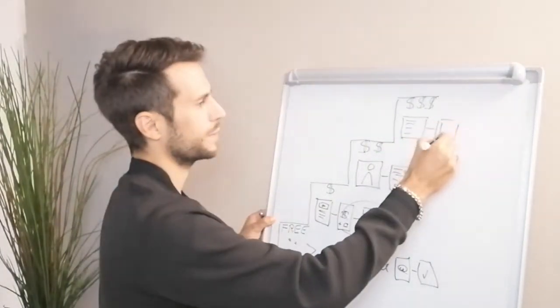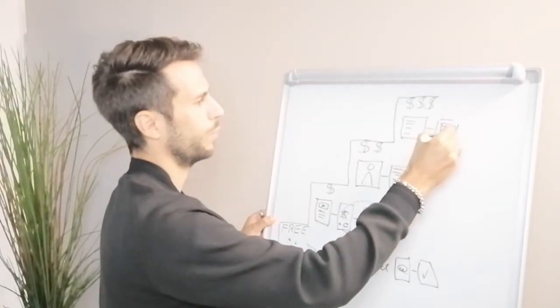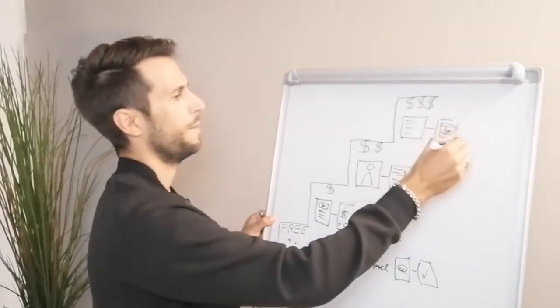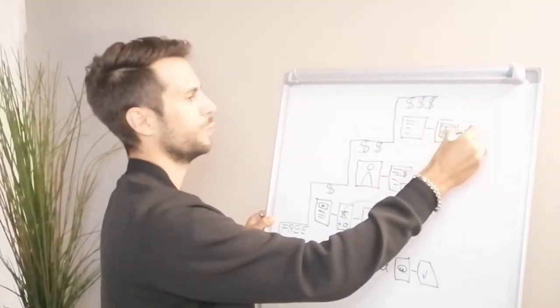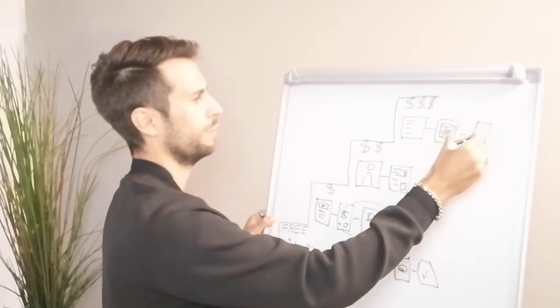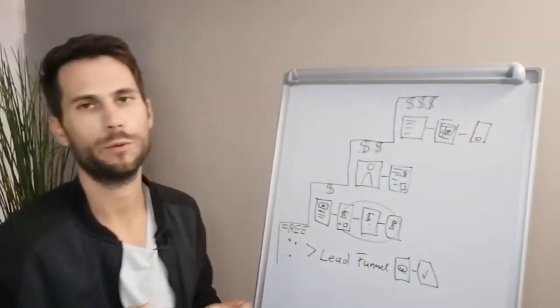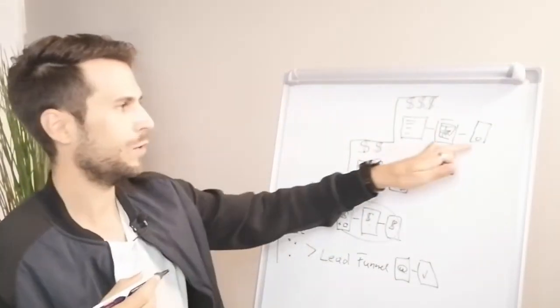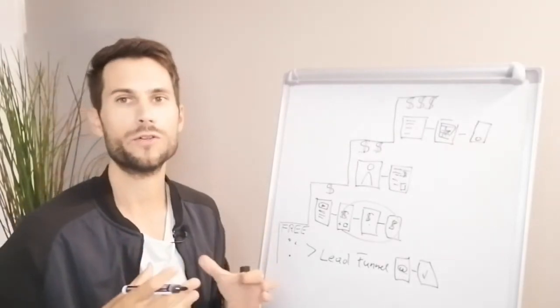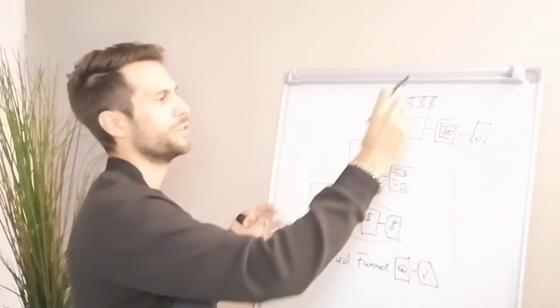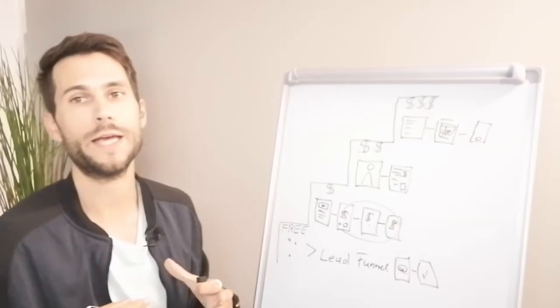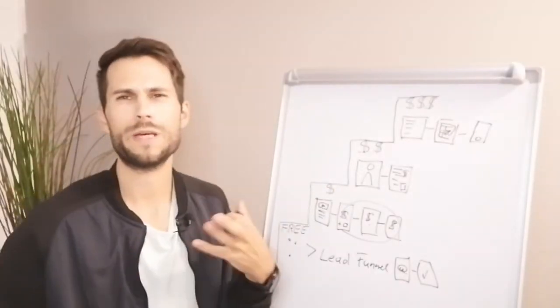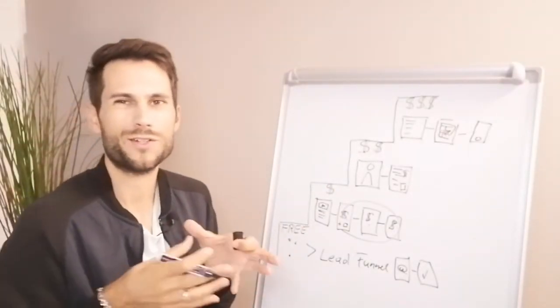So this could be like a scheduler where they choose a date, and then it moves on to the next phase where you will talk to them on a phone, on a cell phone, or whatever. But this is the different way of doing it, because now on the phone, we're moving from online to offline, or to a different way of communication. And now on the phone, we will be able to go much more into detail into their situation.